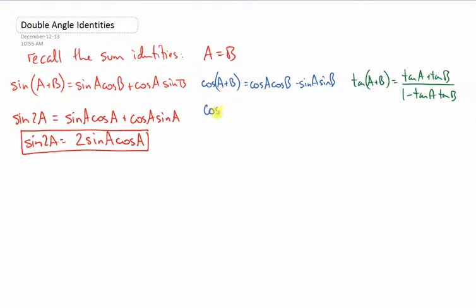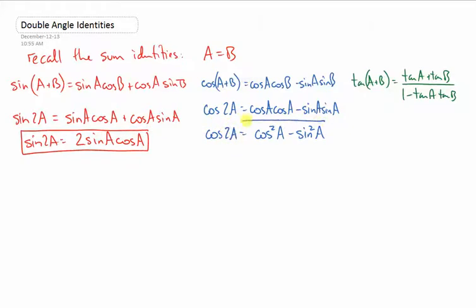I'm going to write cos of 2A because A equals B. It's now cos A cos A minus sine A sine A. Those are squares, so I can write cos squared A minus sine squared A equals the cos of 2A.